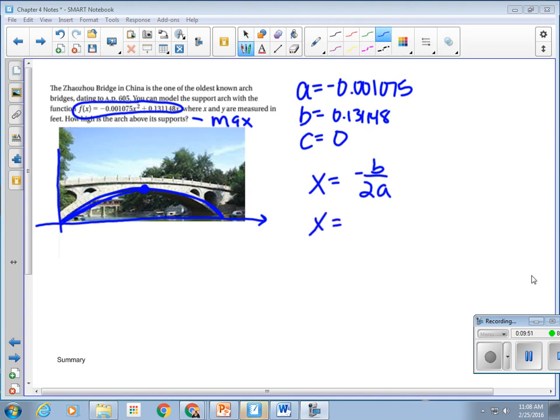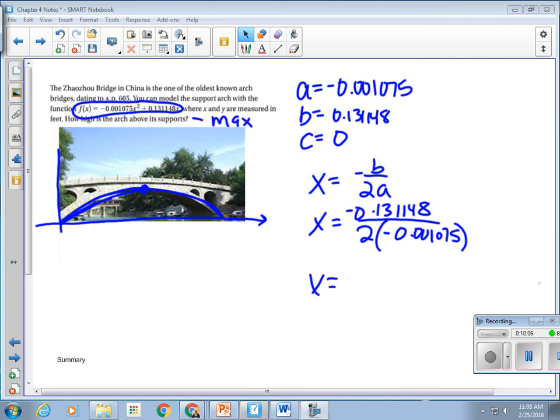That's just a simple calculation. Times negative 0.001075. Plug that in your calculator and you get 61. So that's this distance here. We're going to plug 61 into our function to find what our maximum height is.